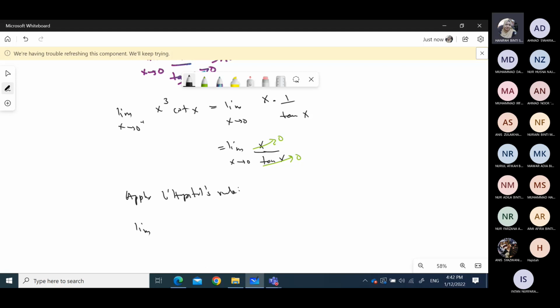So here we have limit x approaches 0 for x over tangent of x. It is equivalent with limit x approaches 0 for the derivative with respect to x on x over the derivative with respect to x on tangent of x.